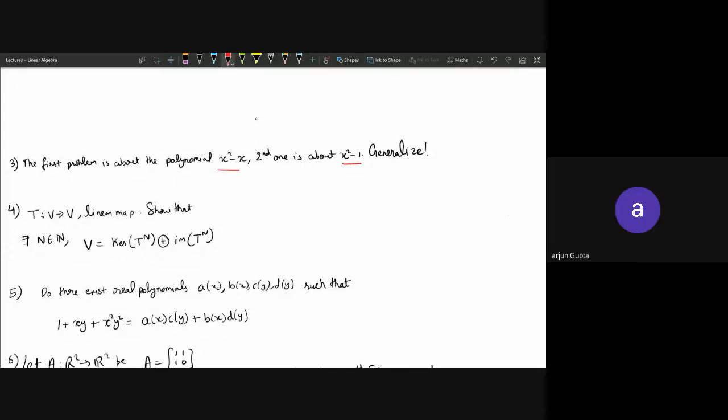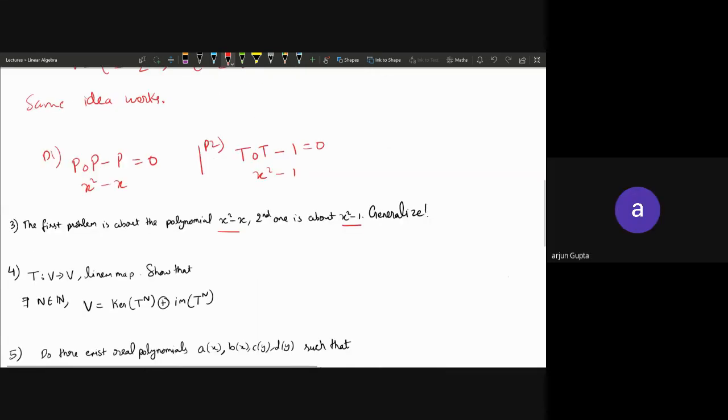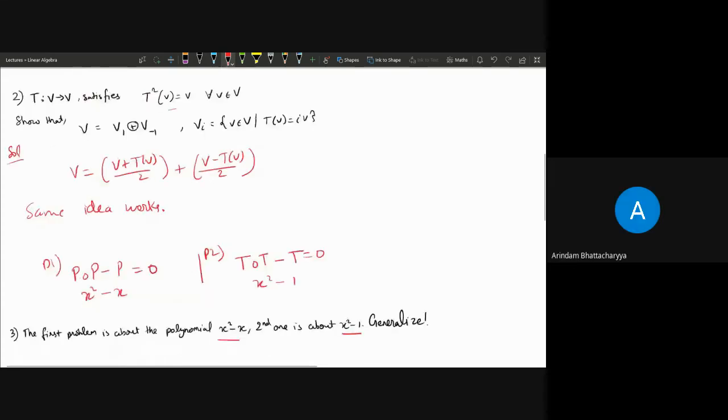The first equation we had was P of P minus P equal to 0, and the second one was T of T minus 1 equal to 0. This looks like x squared minus x, the identity. Oh, yeah, got it.